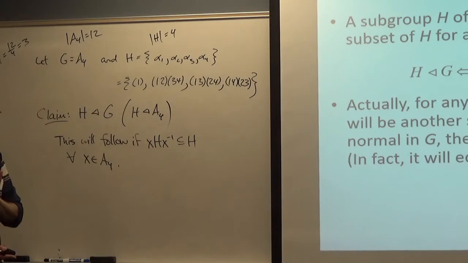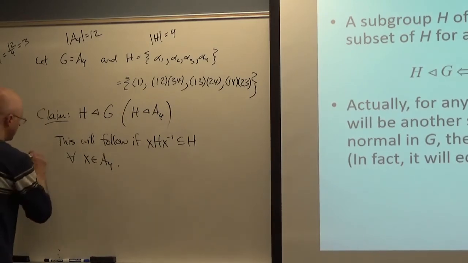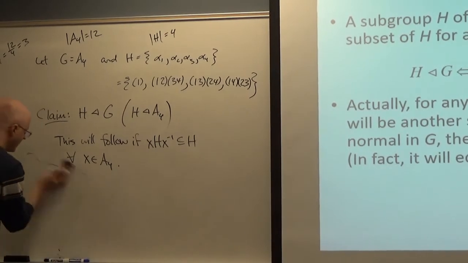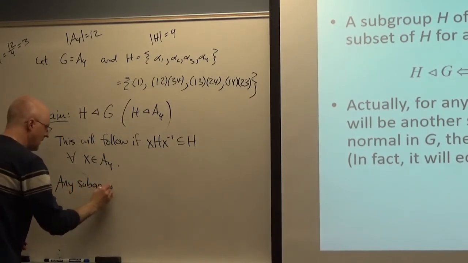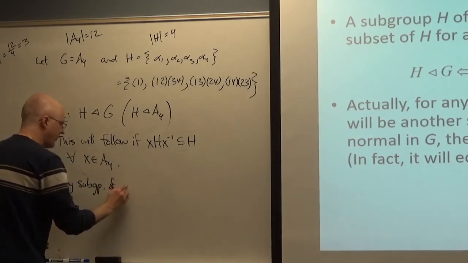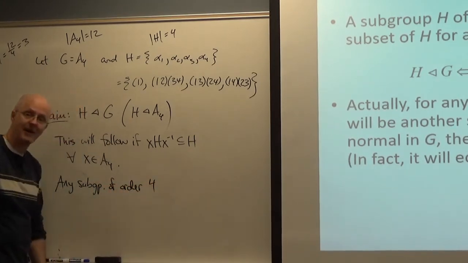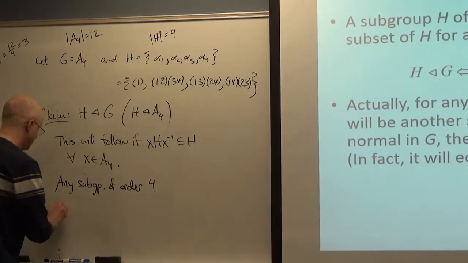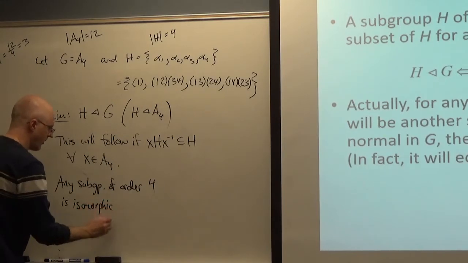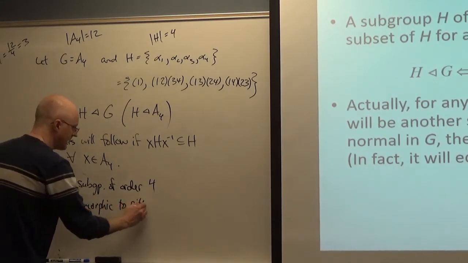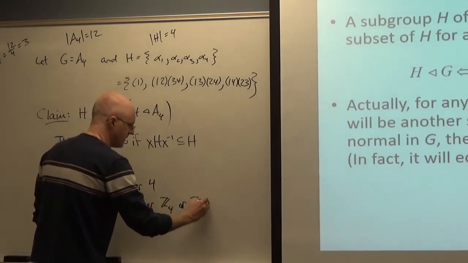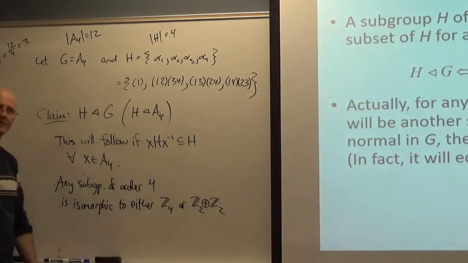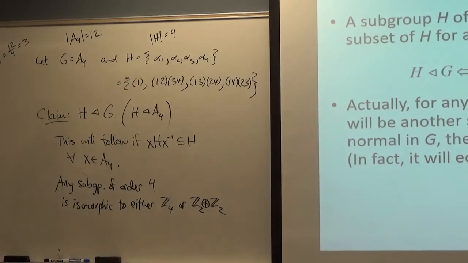Well, any subgroup of order 4 in any group, for that matter, is isomorphic, as I mentioned before, to either Z4 or the external direct product of Z2 with itself. Those are the only two possible isomorphism classes for groups of order 4.